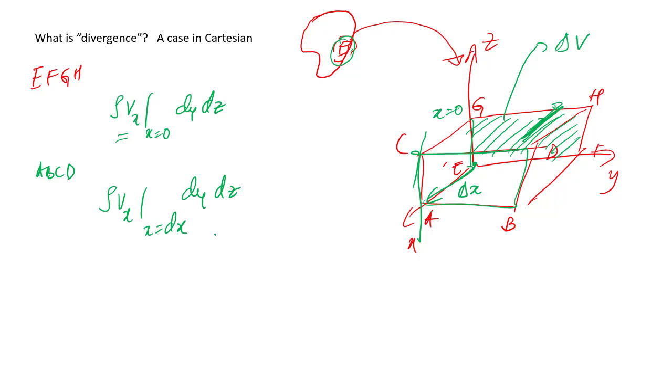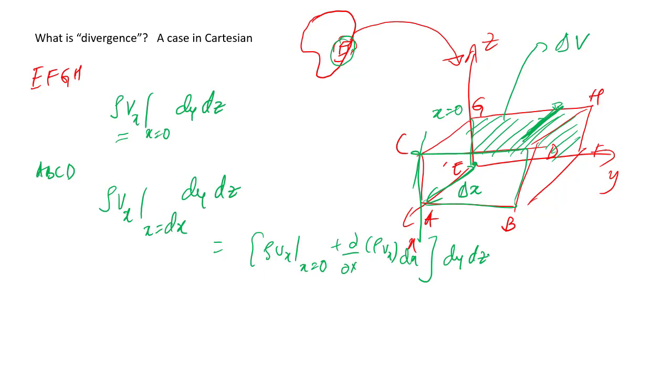I can expand this further as rho Vx at x equal to 0 plus dou by dou x of rho Vx dx dy dz. I'm just using Taylor expansion, right?